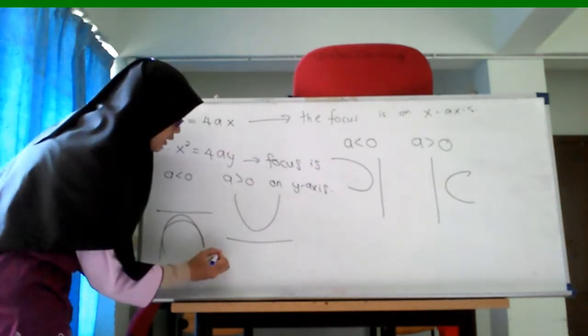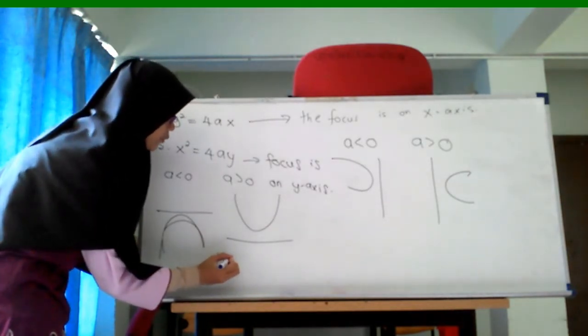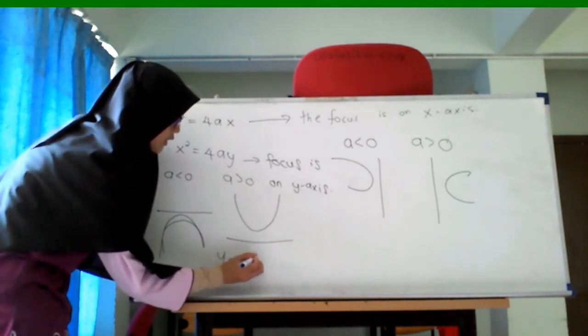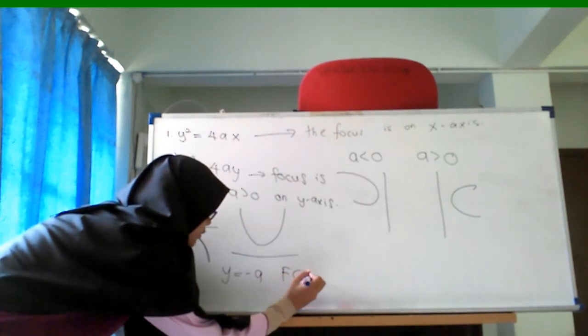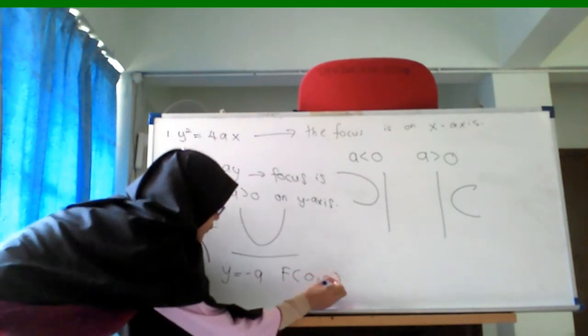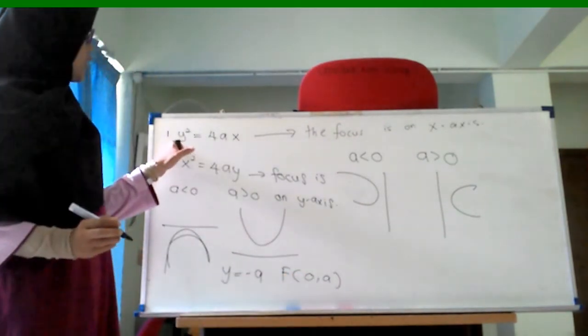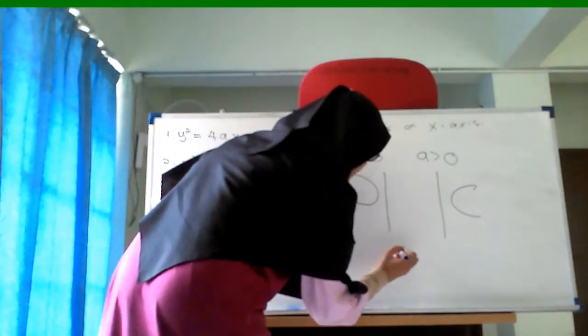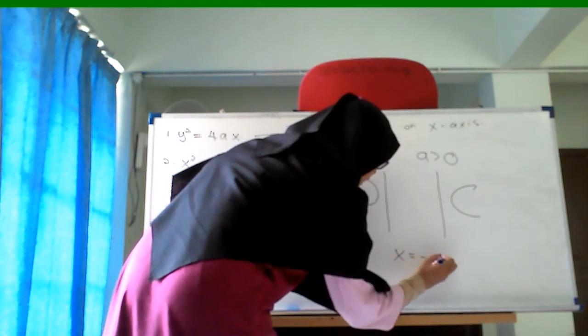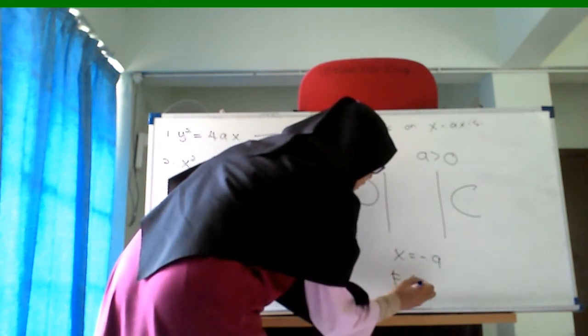And for y squared equal to 4ax, the directrix will be x equal to negative a, and the focus will be (a, 0). Okay, this is a conclusion for the parabola.